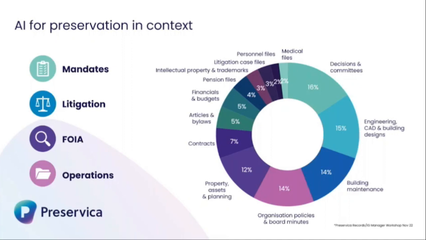Engineering, CAD/CAM and building designs, building maintenance make about 30%. 14% policies, board minutes, planning, contracts, articles and bylaws, finance budgets, and so on, all the way down to personnel files and medical files, which brings in the spectrum of PHI, personal health information, and private information, personally identifiable information. So this is a local and state government survey, which I thought I'd just share with you.